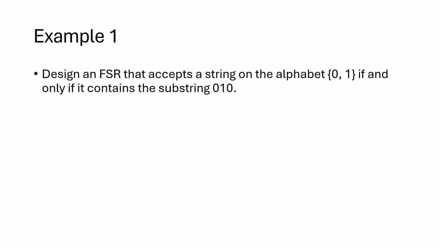Let me explain. Given this description that the machine is supposed to accept every string that has 0, 1, 0 somewhere occurring in it, the shortest string that you can imagine that has that property is 0, 1, 0. So 0, 1, 0 is obviously a string that the machine must accept, and it's the shortest such string, right? So we focus on this aspect first.